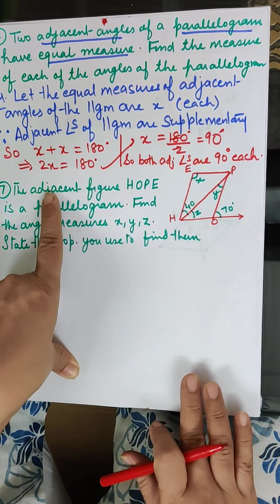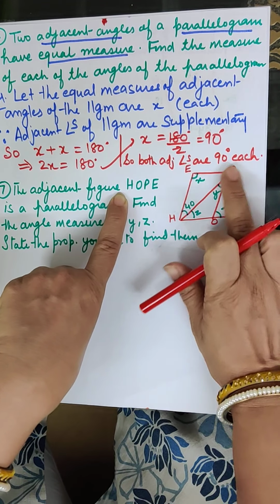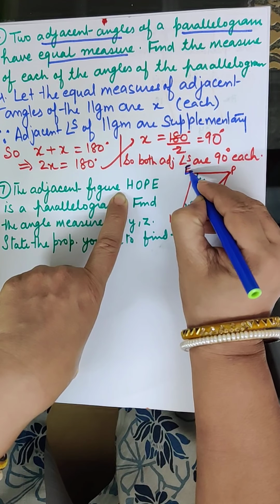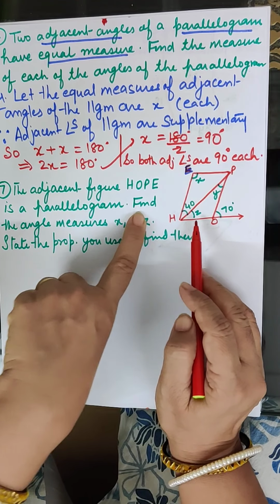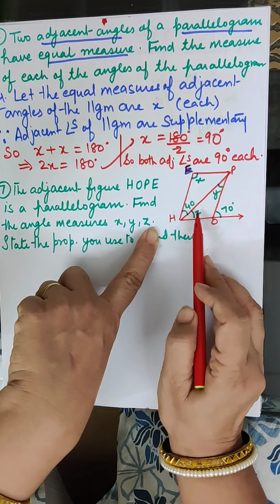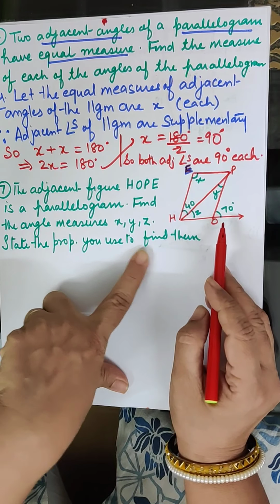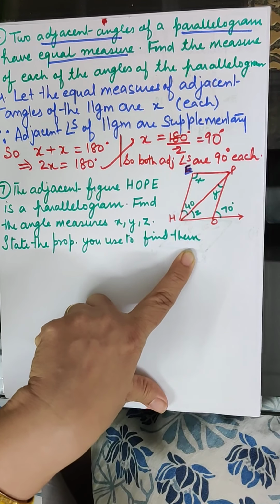Question 7 is the adjacent figure HOPE. This is the figure HOPE. This E is getting a little mixed up here, this is E. It is a parallelogram. Find the angle measures x, y, z. State the properties you use to find them. All right.